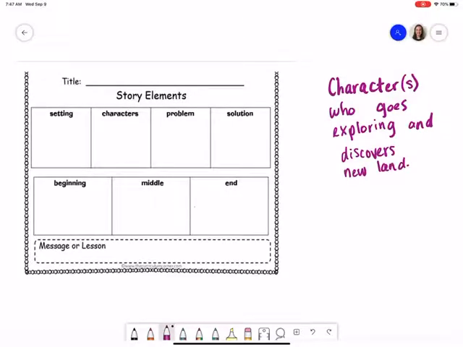Okay, and if we were together, we would be talking about the setting that we're going to use as a class and the characters. But if you weren't able to be there, you can choose your own setting and characters.